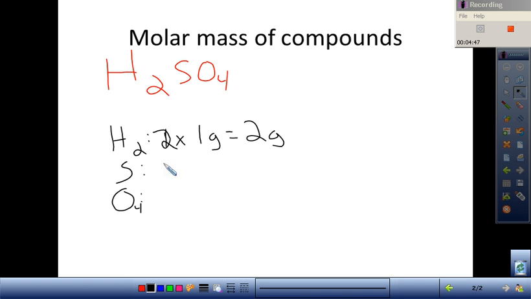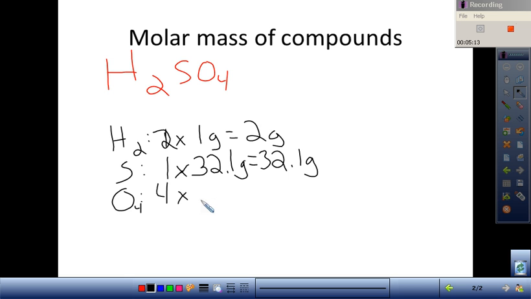S, sulfur, I have 1 of those. I look that up on the periodic table, and I'm going to round it to tenths. 32.1 grams. And I multiply that across. And then lastly, my oxygen, I have 4 of those.